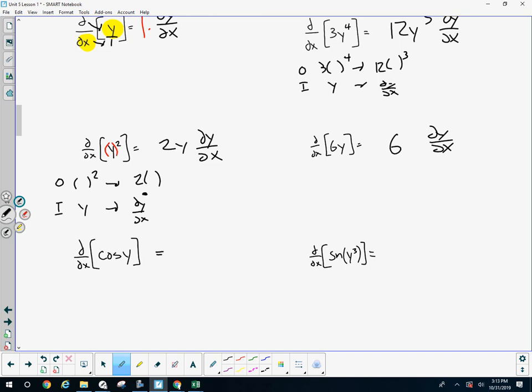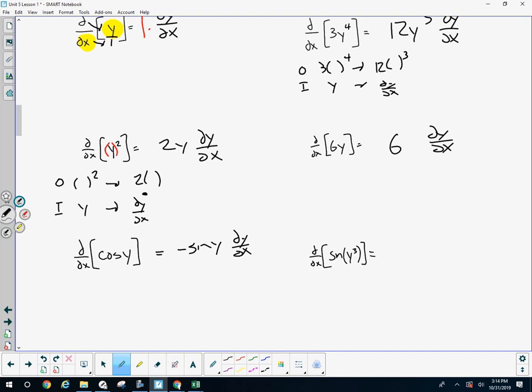It's negative sine x. The derivative of cosine x is negative sine x. The derivative of cosine y is negative sine y times dy dx. A lot of people make that error. Okay?